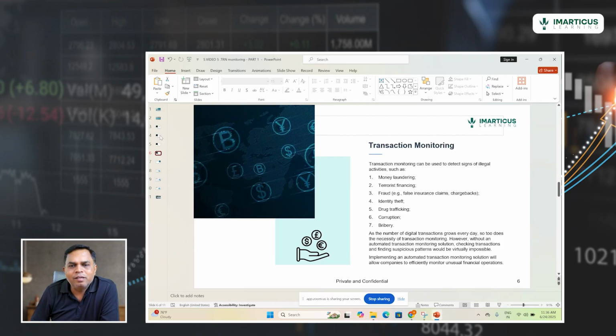Now, what does transaction monitoring aim at? Transaction monitoring aims to prevent certain economic and financial crimes.